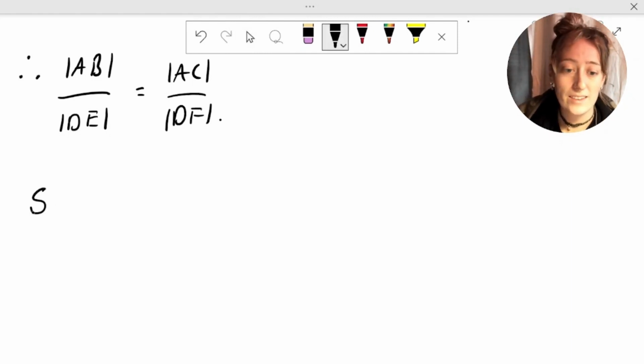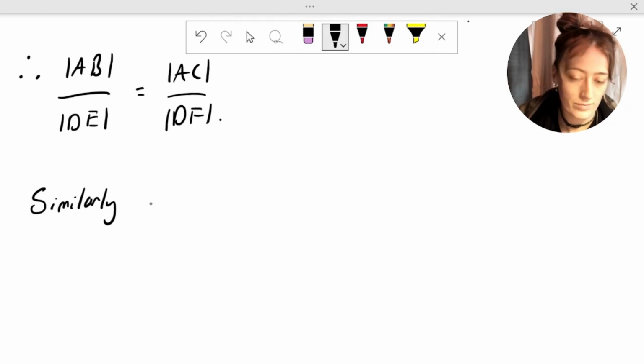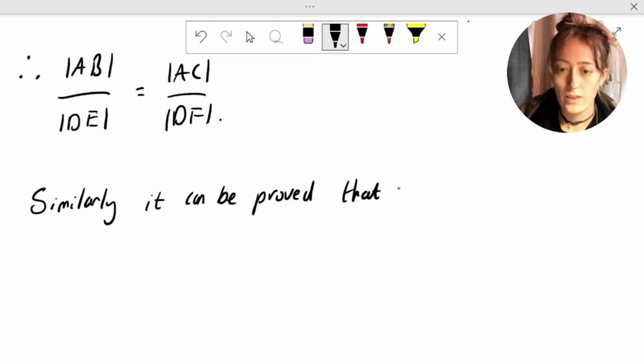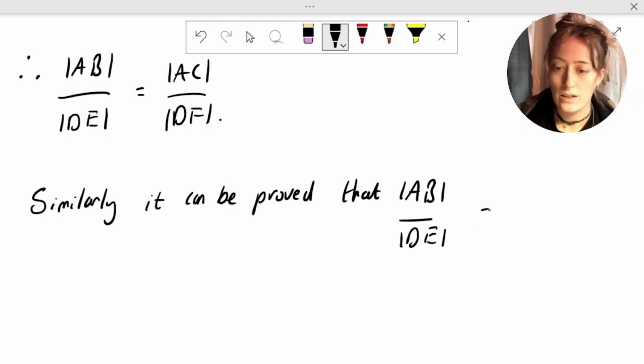So we can next say, similarly, it can be proved that AB over DE is equal to BC over EF.